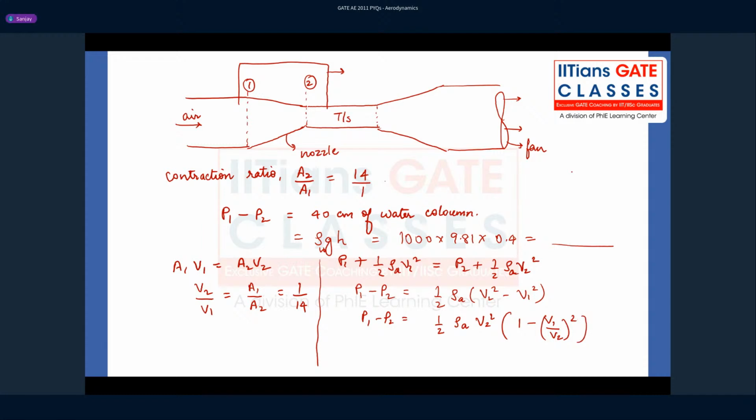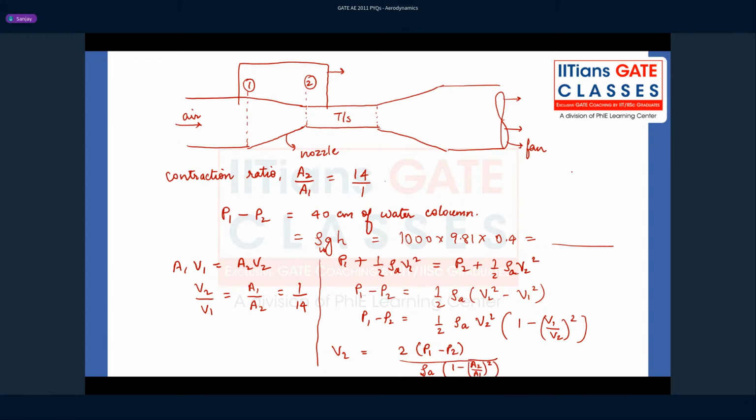Okay. You need to find V2 square, right? So V2 is going to be the square root of 2 times P1 minus P2 by rho air into 1 minus A2 by A1 the whole square, as V1 by V2 is nothing but A2 by A1, right?